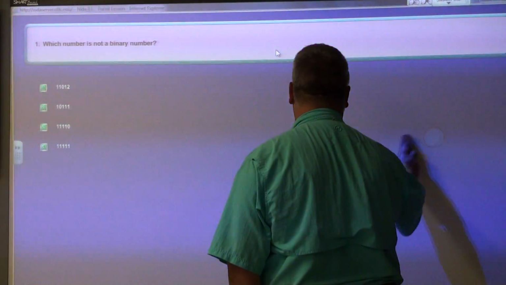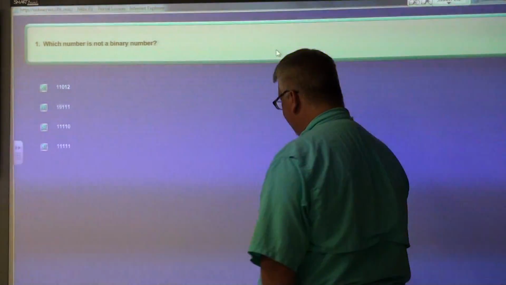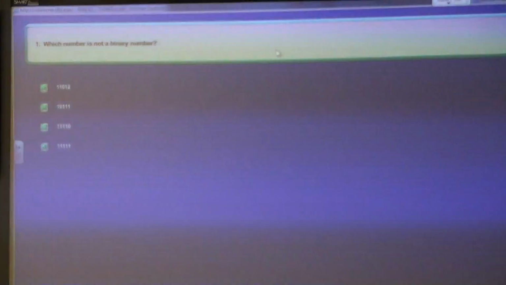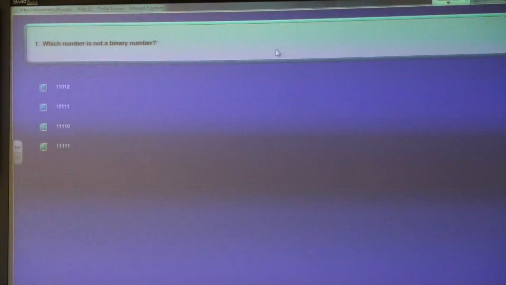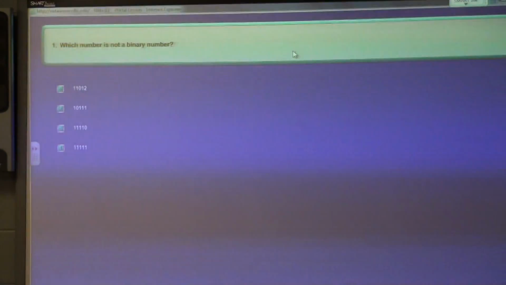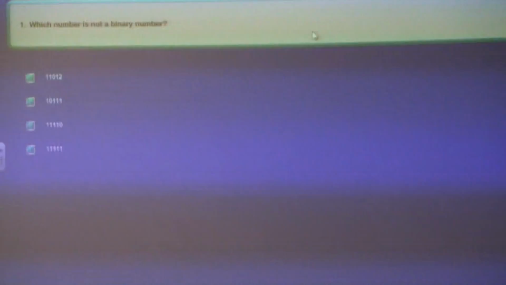Which number is not a binary number? A. All right, before we move on, which of those numbers could be hexadecimal numbers? Any of them.